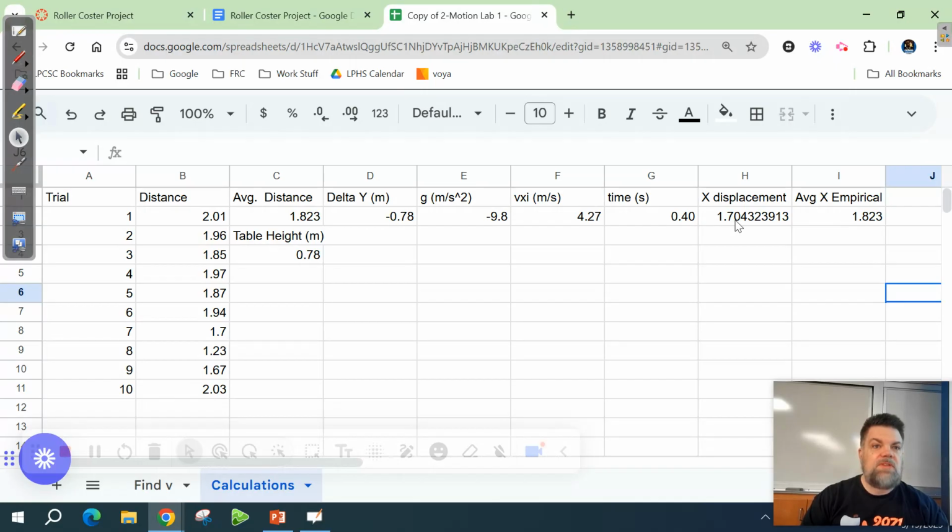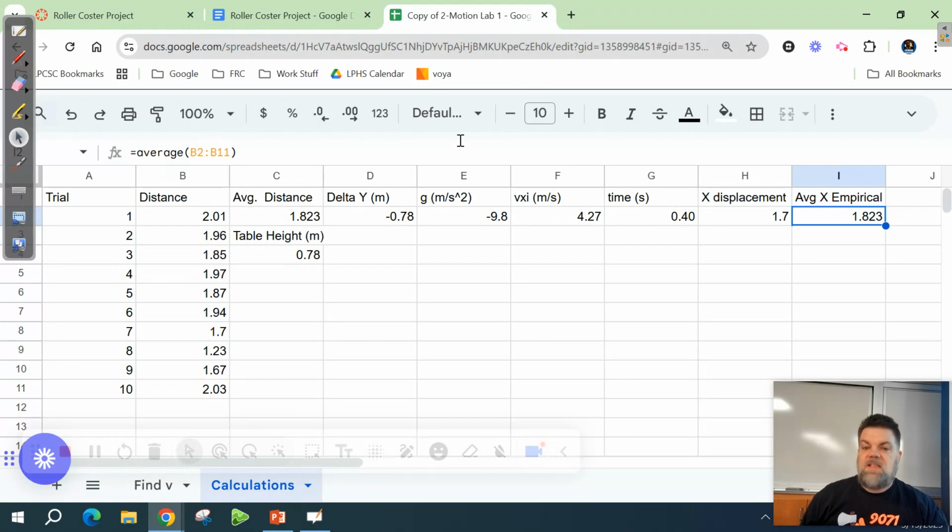They're not going to be exactly the same, but they should be pretty close. And so if I take this to 1 decimal, you'll see that I'm only off by 1/10 of a meter, which is 10 centimeters when you think about it. That's not too bad.